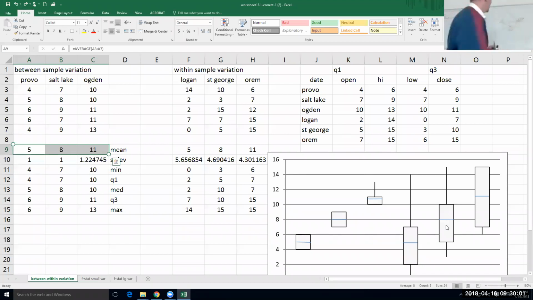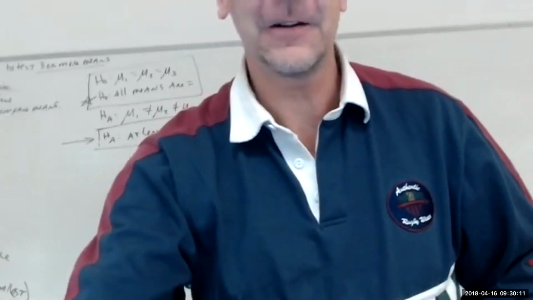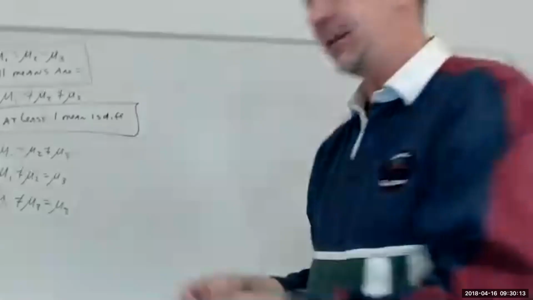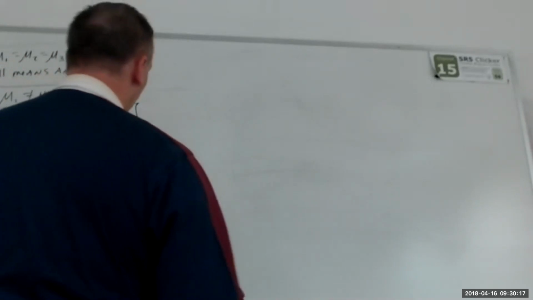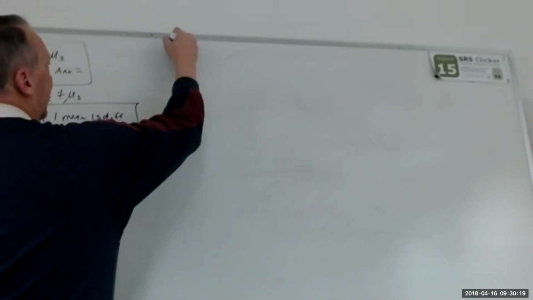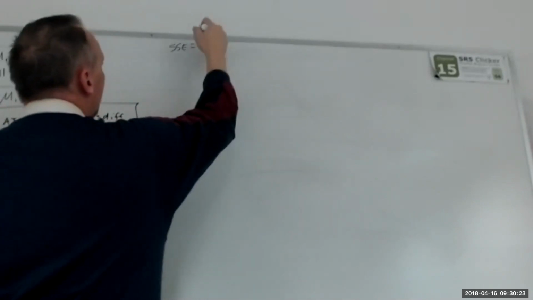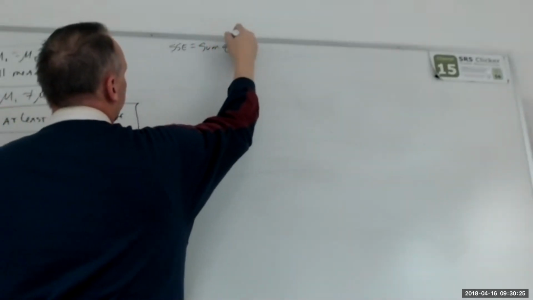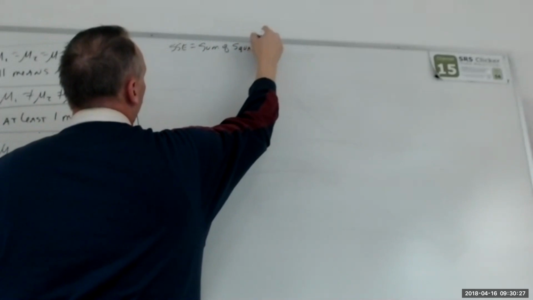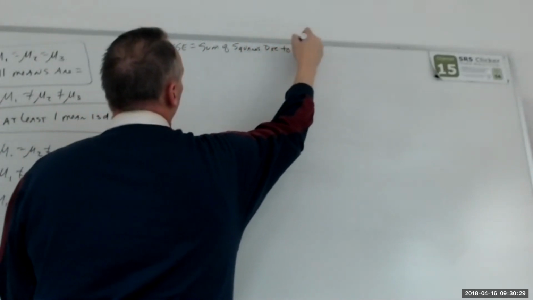All right, so let me introduce to you a bunch more terms. Let's talk about the SSE. SSE means sum of squares due to error.